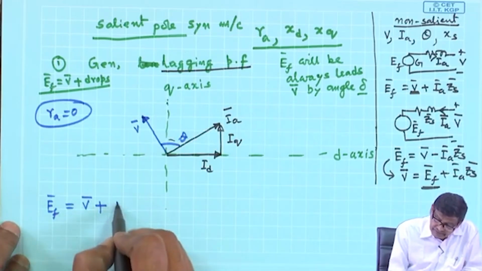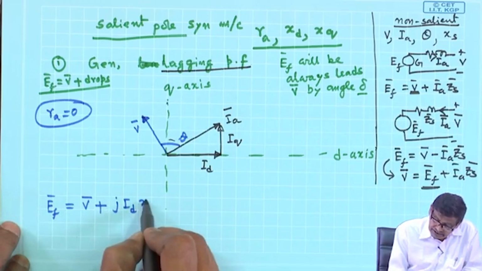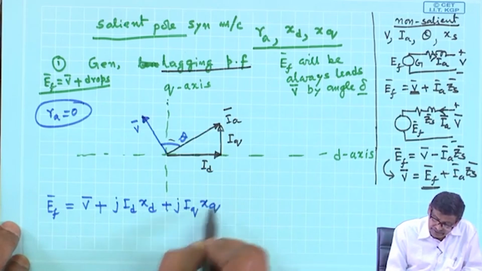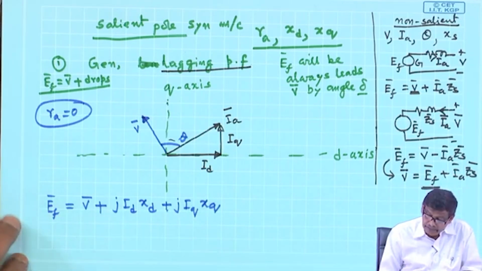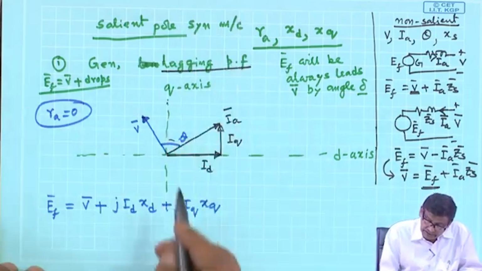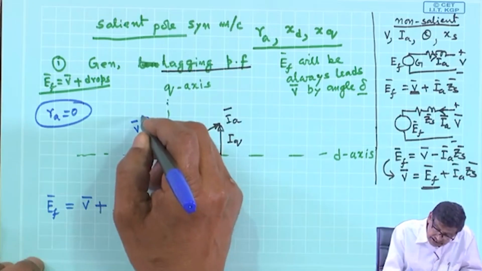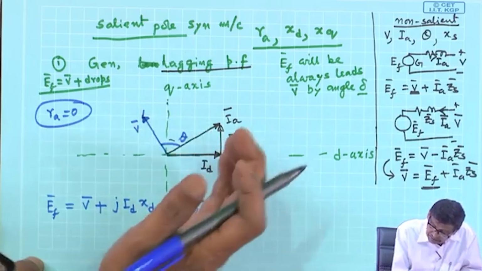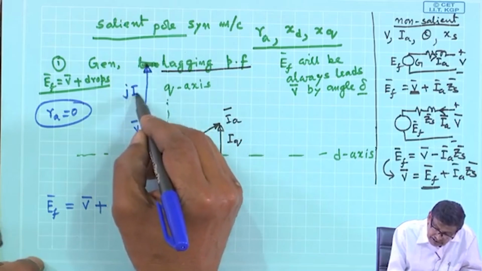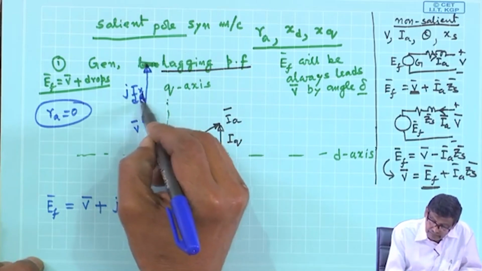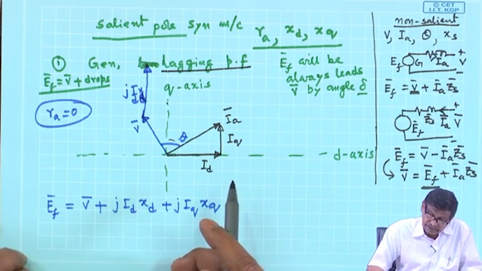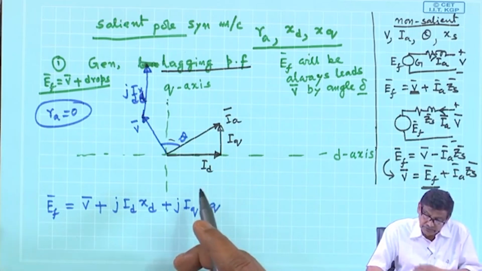V plus j ID XD plus j IQ XQ. This will be my EF. Therefore, if this is V, this is lagging angle, then V plus j ID XD, ID is this way, j ID XD that way, plus j IQ XQ.